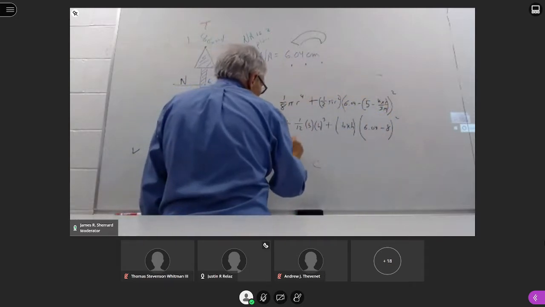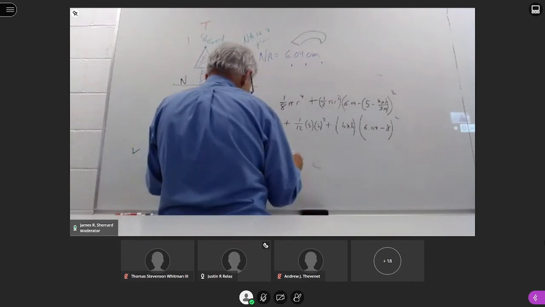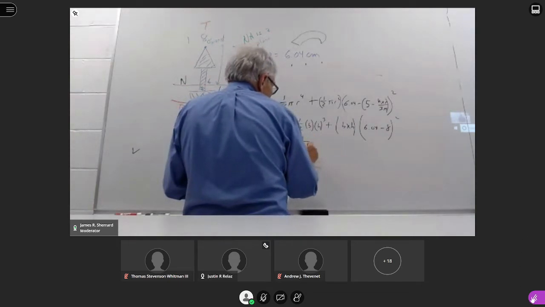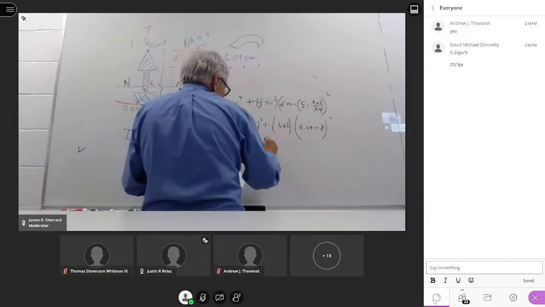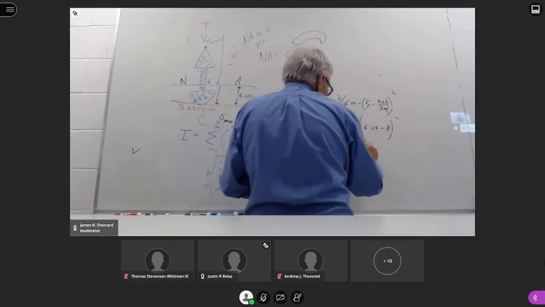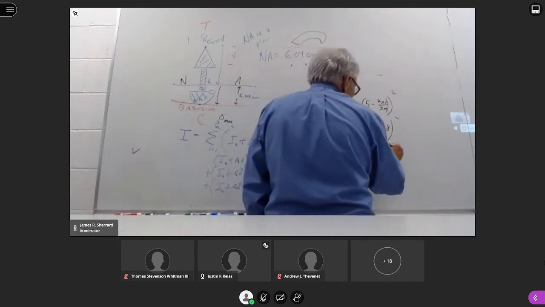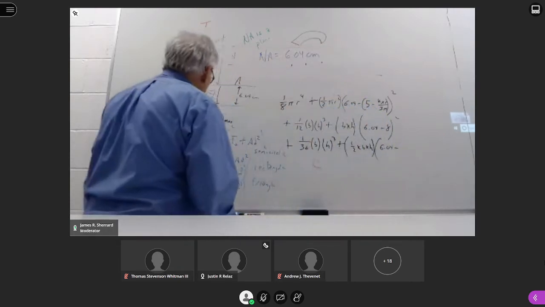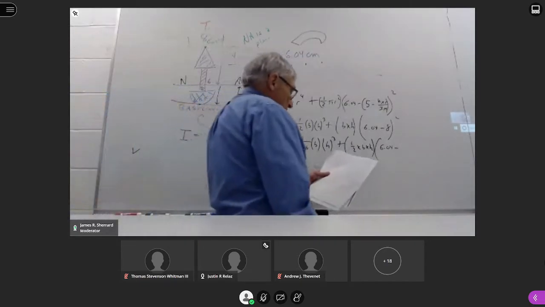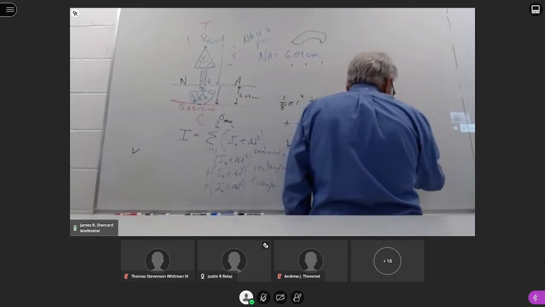Then you have to do the triangle, which is 1/36 the base times the height cubed, plus the area, which is 1/2 times the base times the height, times its d, which is the distance from the neutral axis to its centroid, which was 5 plus 6, and this happened to be h over 3, and that total thing came out to be 12.33.